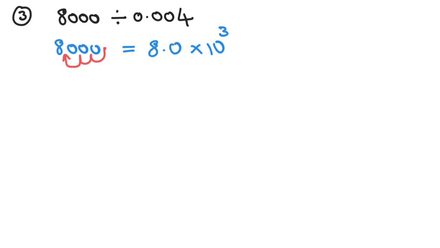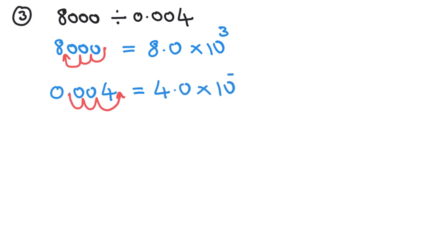Okay, let's now check 0.004. Now where is the decimal point here? In order to bring the number between 1 and 10, I shift the decimal point 3 digits to the right. So because I shifted to the right, I will subtract the powers.